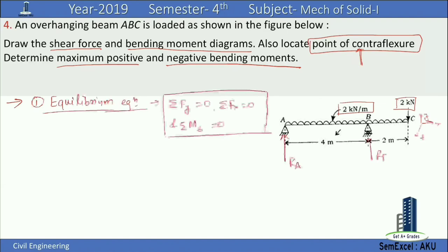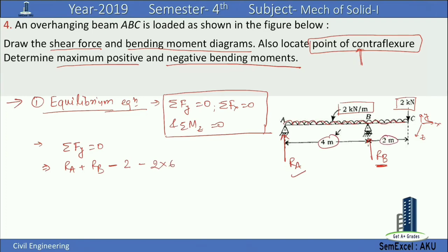So first we are doing sigma force in y direction is equal to 0. What we'll get is RA, this is the force in positive y direction, plus RB, this is the force in the positive y direction, minus the point load 2 kN in downward direction, minus 2, and the UDL in downward direction, minus 2 into the length of UDL, which is 4 plus 2, equal to 6 meter, is equal to 0.